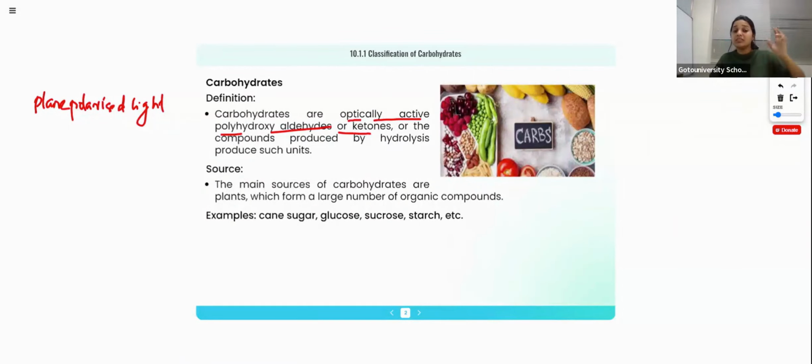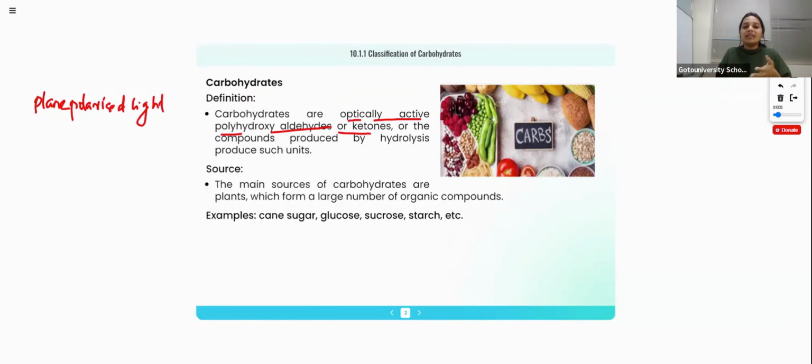You remember this one. We studied this in aldehydes and ketones. If the compound is able to rotate the plane of plane polarized light, either in left or right direction, then we can say the compound is optically active.